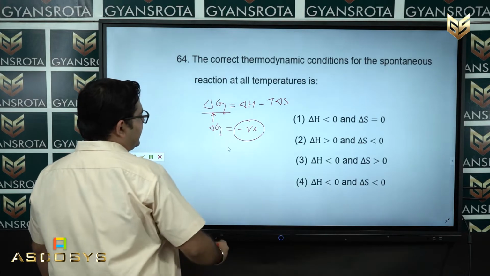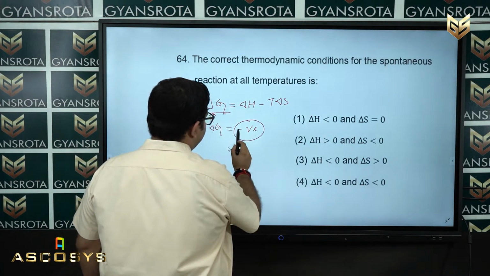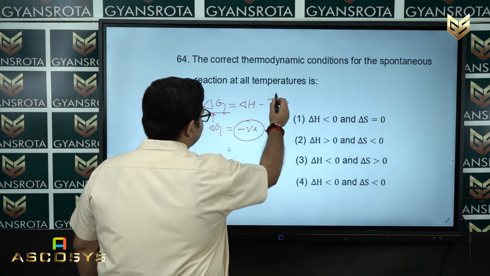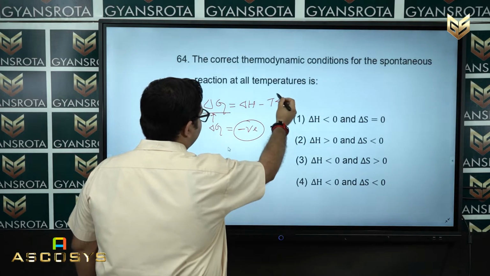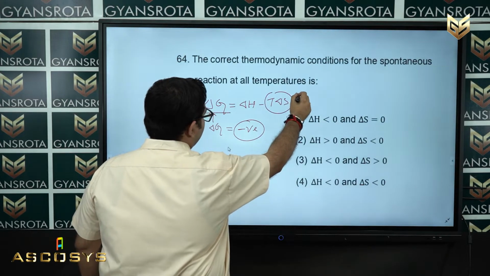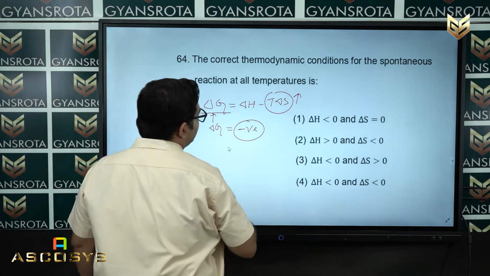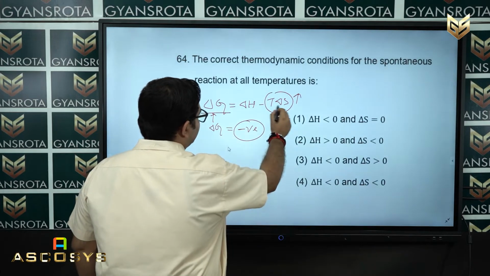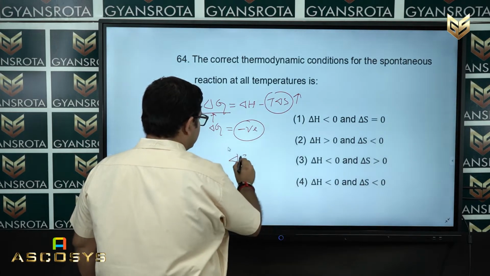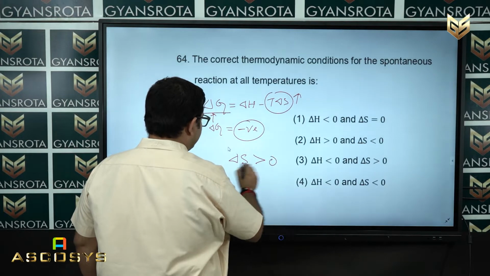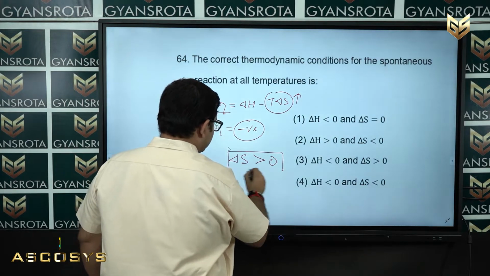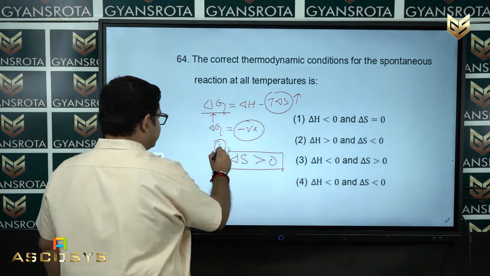Delta G will be negative when this term is greater. It means your delta S should be greater than 0. So this is your first case.